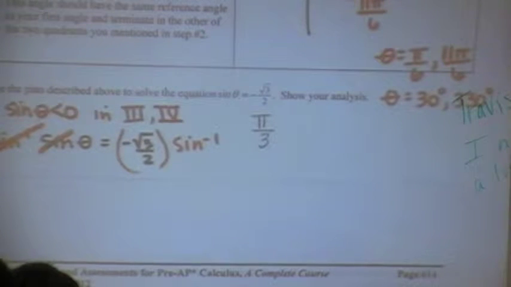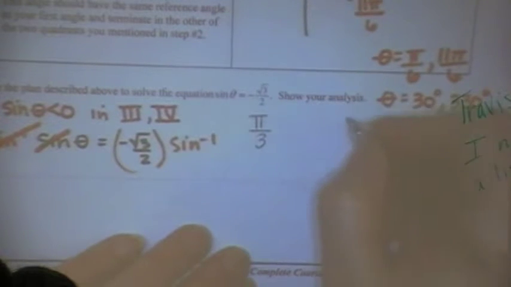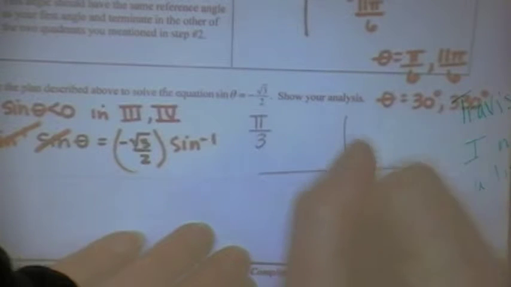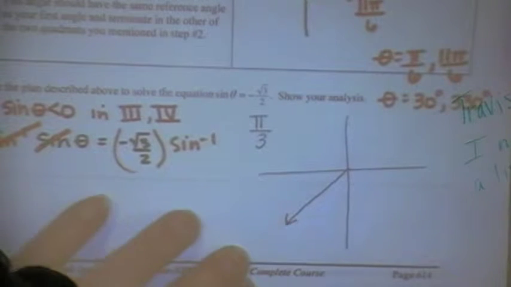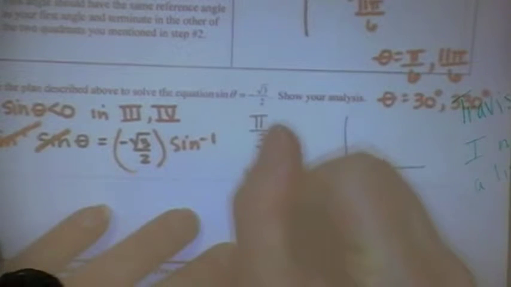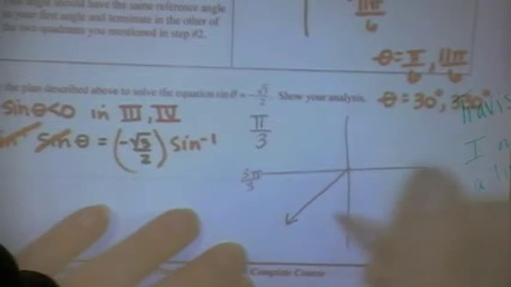So I need the angles in 3 and 4 that end with a 3 on bottom. Good. So I know one of them is going to be here. And that one has to be 4 pi over 3, because what right here, remember, is 3 pi over 3. So this one has to be 4 pi over 3.